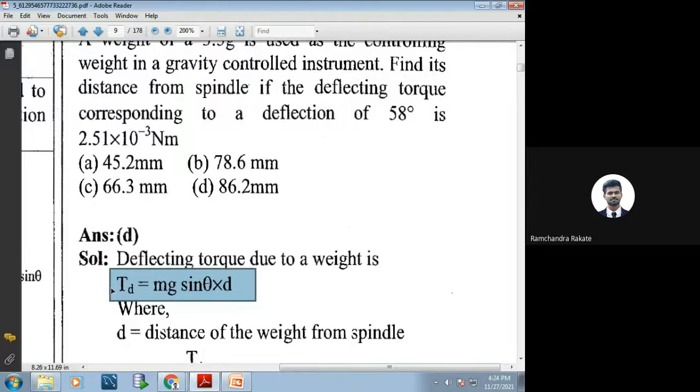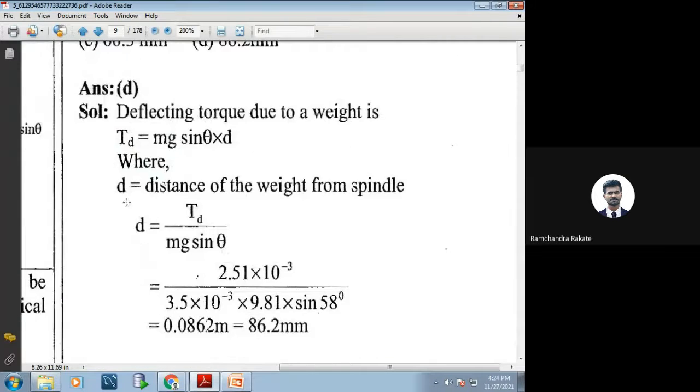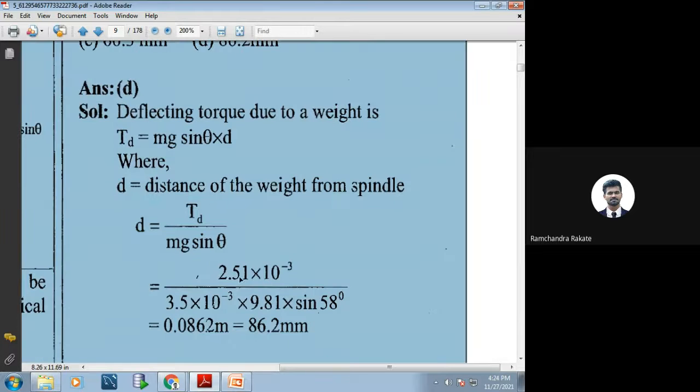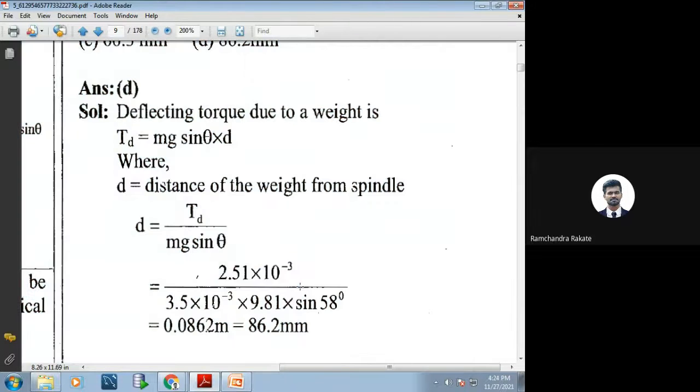We'll simply put the value of Td, which is given as 2.5 into 10 raised to minus 3 newton meter. First we'll rewrite the equation for the distance: distance is Td upon mg sin theta. Td, the deflecting torque, is 2.5 into 10 raised to minus 3 newton meter.